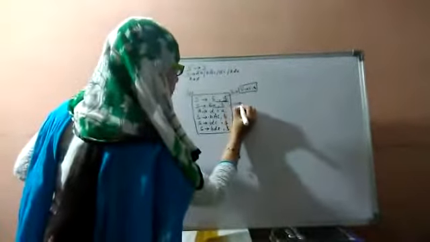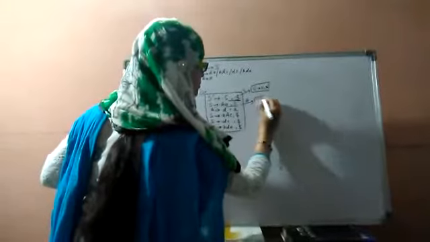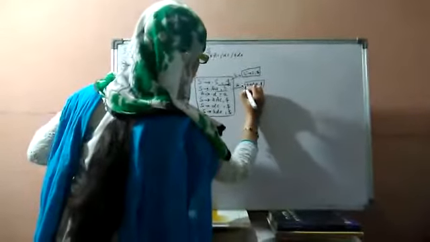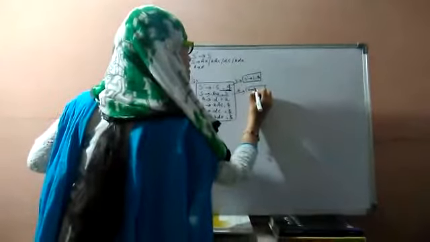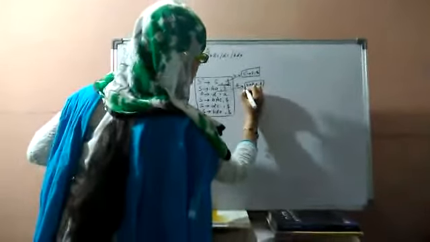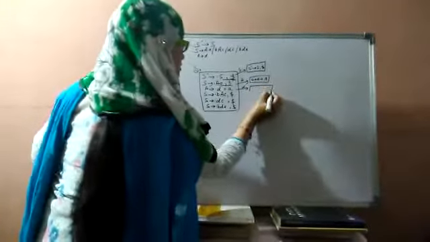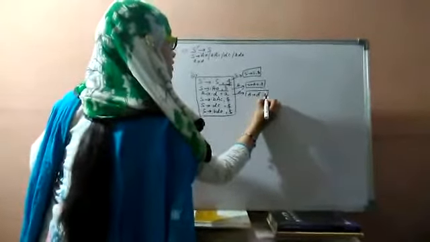Now from S, the dot can be moved: S to S dot A, and dollar. From D: A to D dot A.